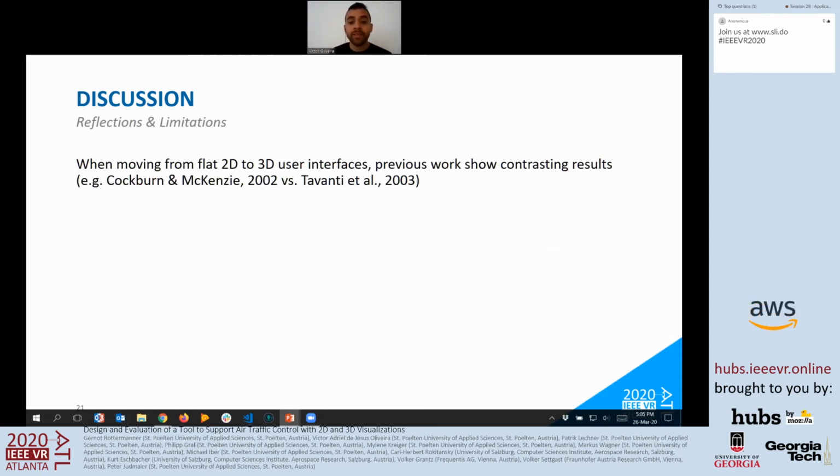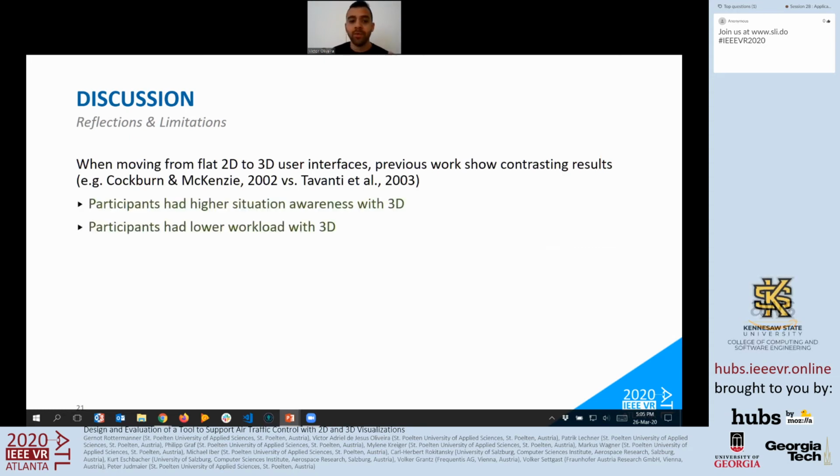In our experiments, we cannot really attest about performance of the user, but we could really observe that participants had higher situational awareness and lower workload when using the 3D variant only.